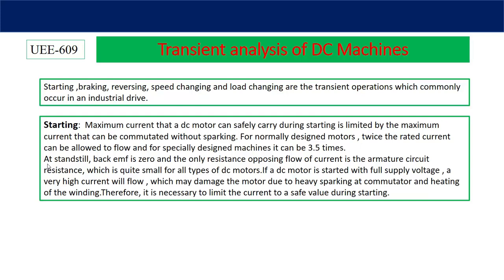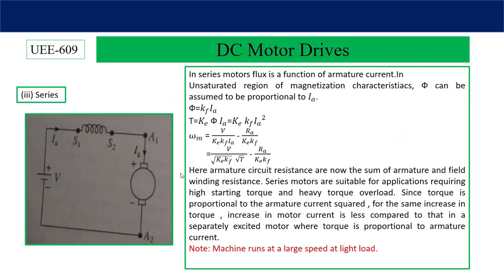Then from the basics of DC machines we know that at standstill, when the speed is 0, the back EMF is 0, and the only resistance opposing the flow of current is the armature circuit resistance, which is quite small for all types of DC motors. So at the time of starting, when the motor is stationary, the EMF developed across this motor is 0.